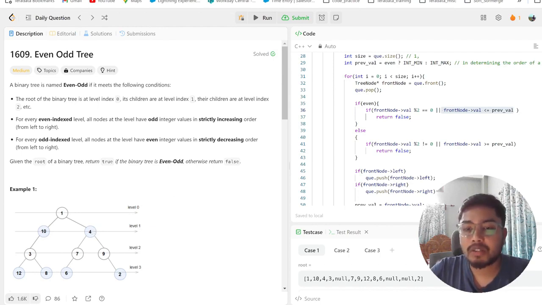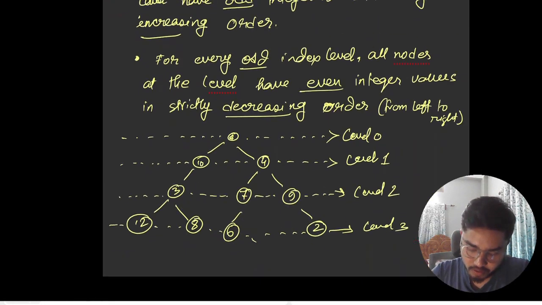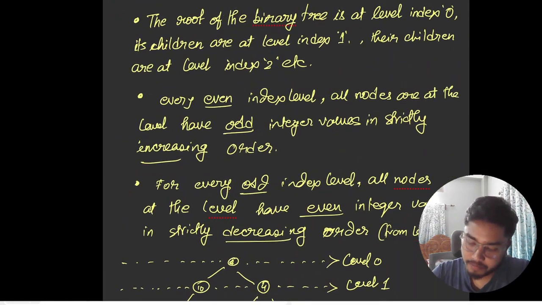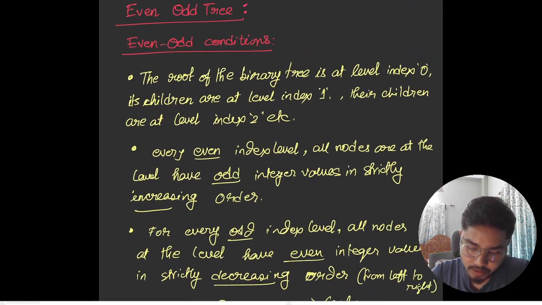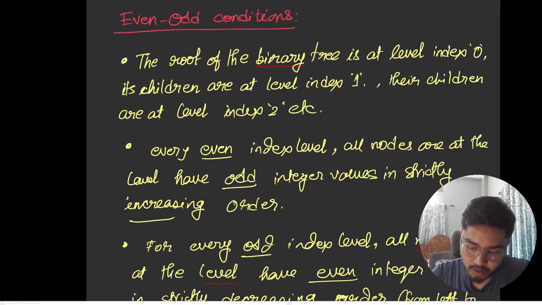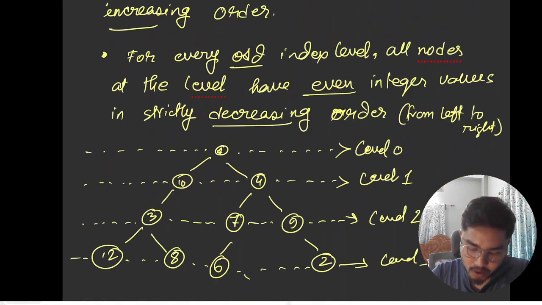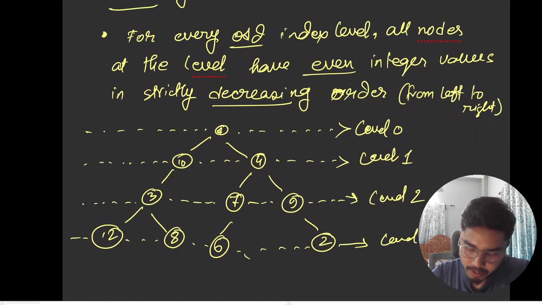Okay, so let us quickly go over it. I have made a note here. As we have discussed, the problem is the root of a binary tree at level 0, even index, will have odd values, and so these are the requirements.